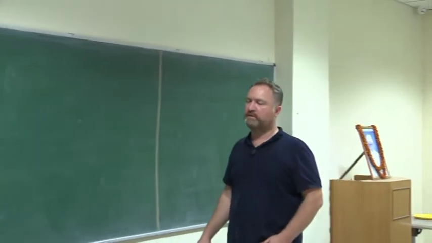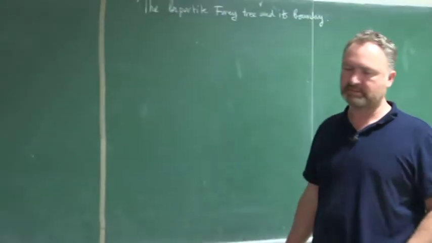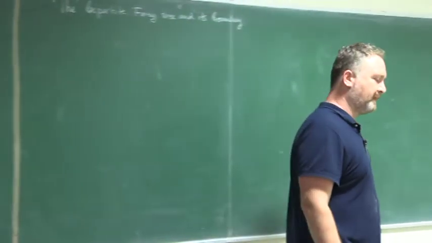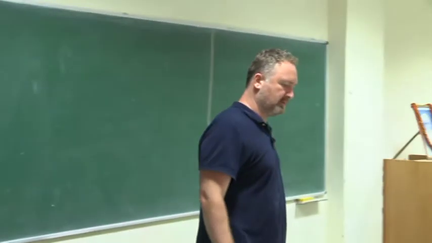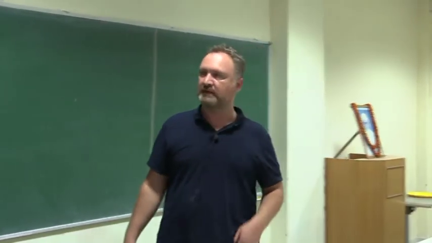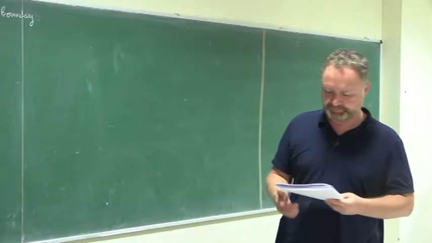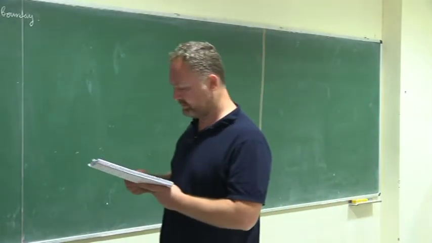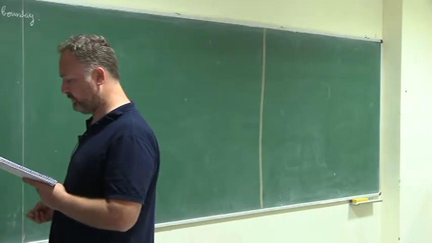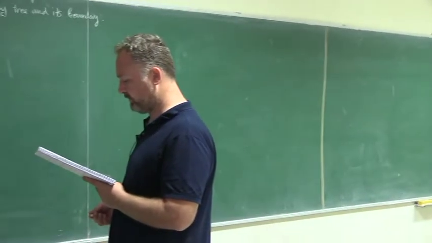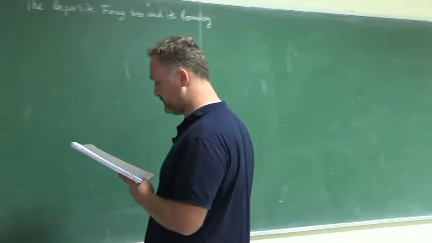So the modular group, since it is isomorphic to a free product, acts on a tree. I'm going to construct that tree from PSL2Z itself, and it will be slightly more refined than the versions that you may find in the literature.